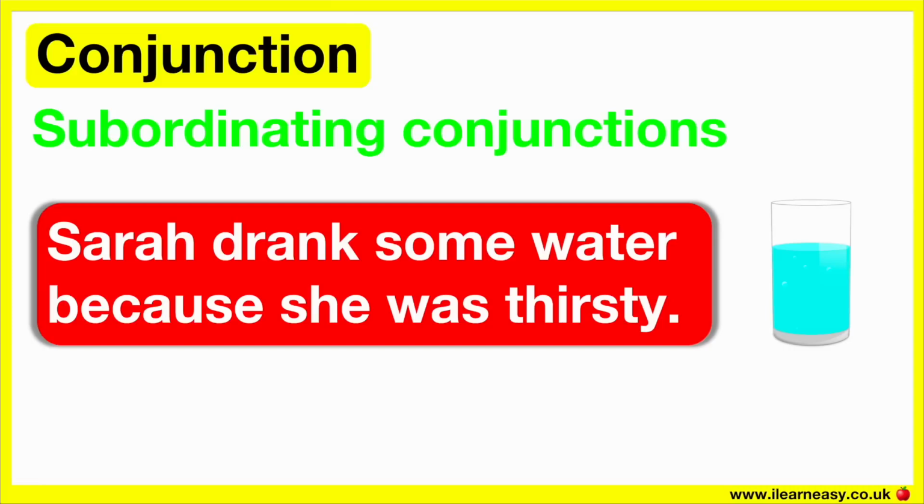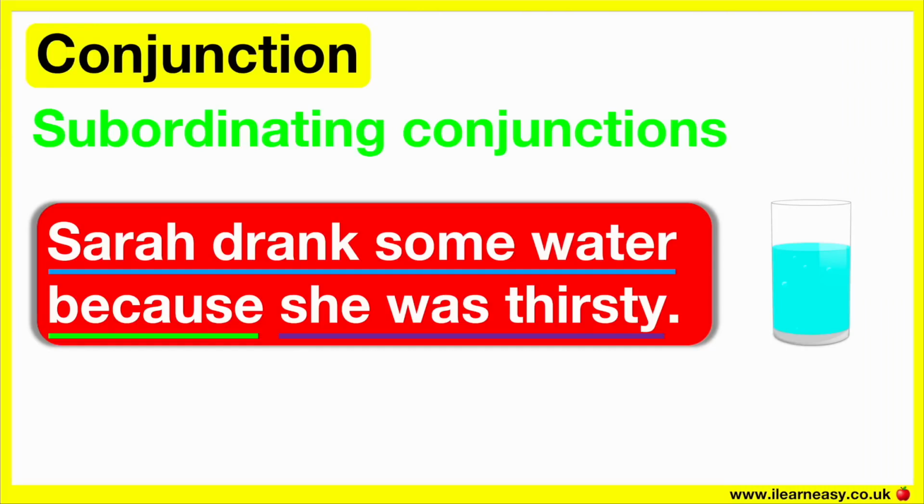For example, Sarah drank some water because she was thirsty. In this example, the independent clause comes first. Sarah drank some water, followed by the subordinating conjunction because, and then the dependent clause, she was thirsty.